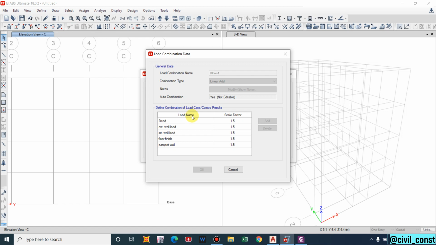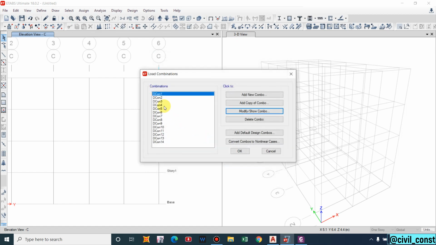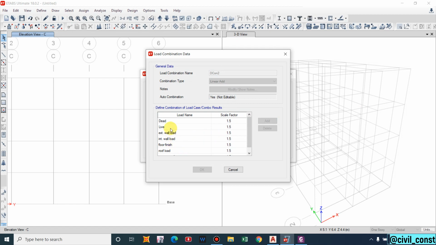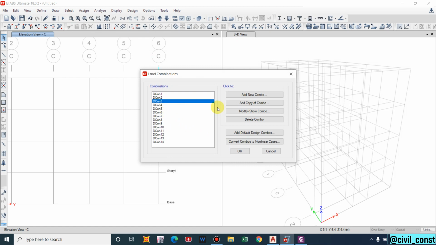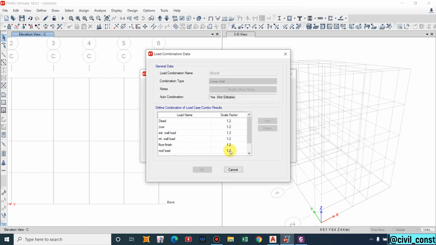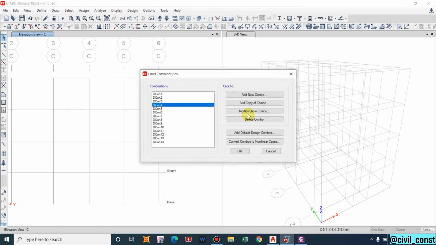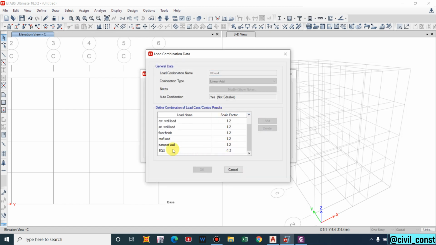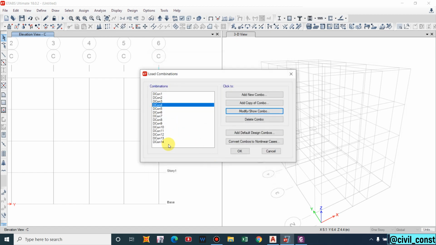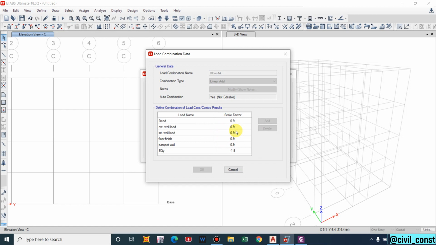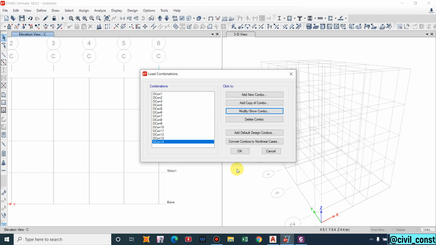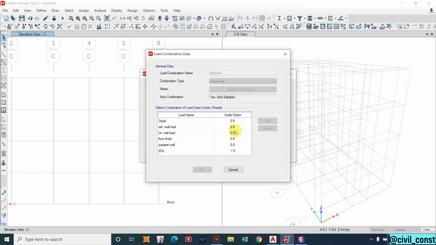Similarly, DCon2 consists of live load and dead load with a scale factor of 1.5, and DCon3 has earthquake load as well, so 1.2, and DCon4 has minus 1.2 earthquake load. In the last, DCon14, and in the last four load combinations we will have 0.9 times of dead load and 1.5 times of the earthquake load, that is the lateral load. So here you can see that the scale factor has come to 0.9, which was 1.5 or 1.2 previously.